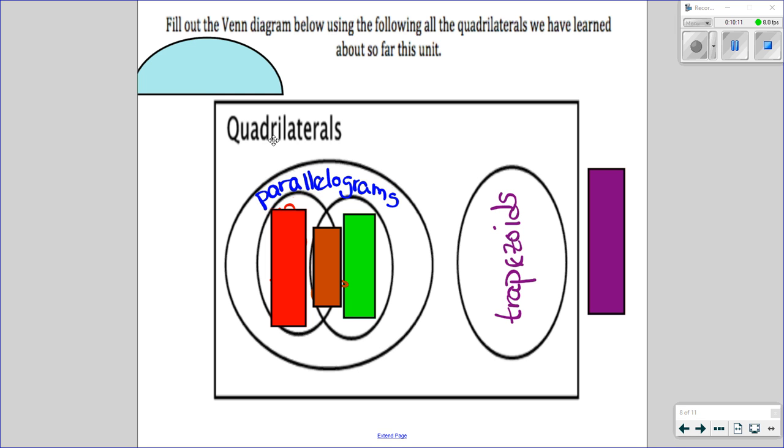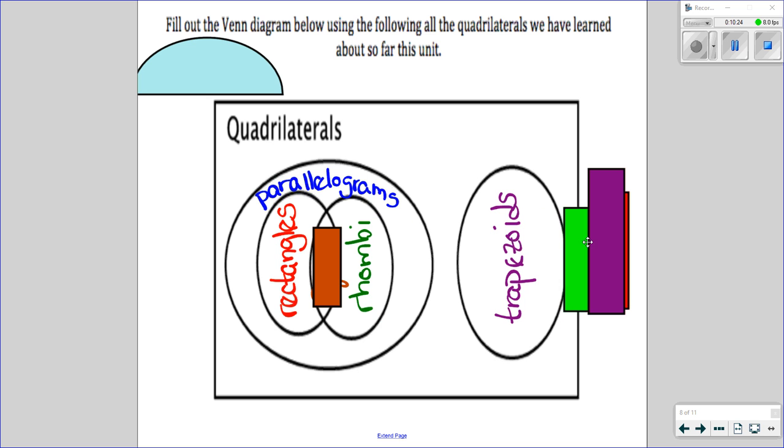So in the quadrilateral world, we have parallelograms. And what are the three different types of parallelograms that we learned? We learned about the rectangles, and we also learned about rhombi. And those two have the same characteristics as a parallelogram.